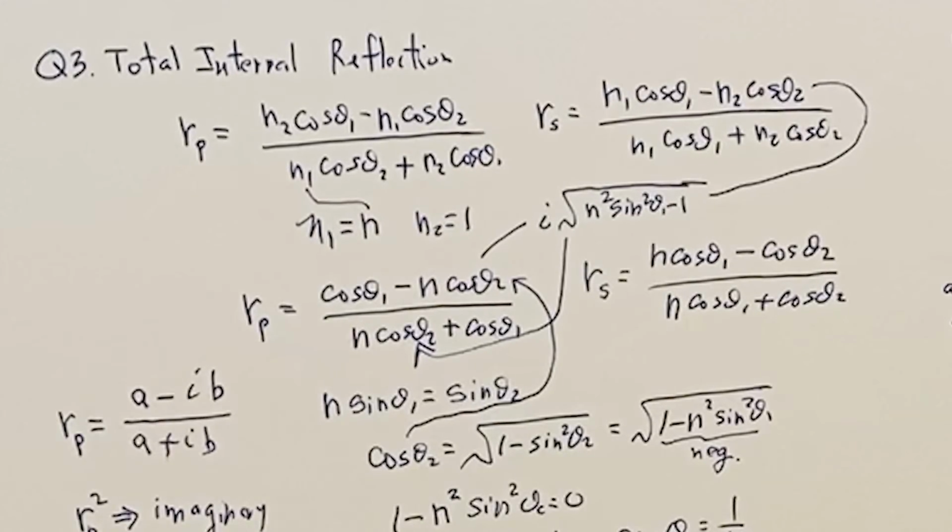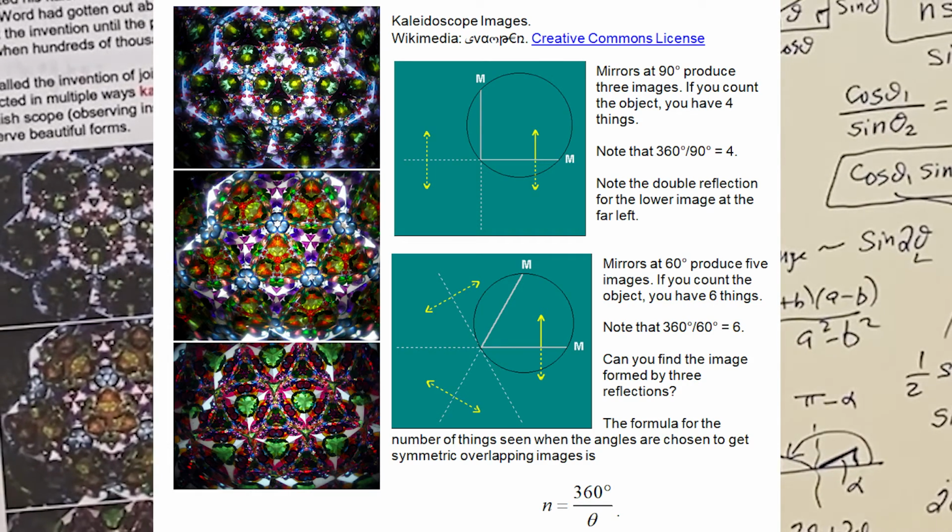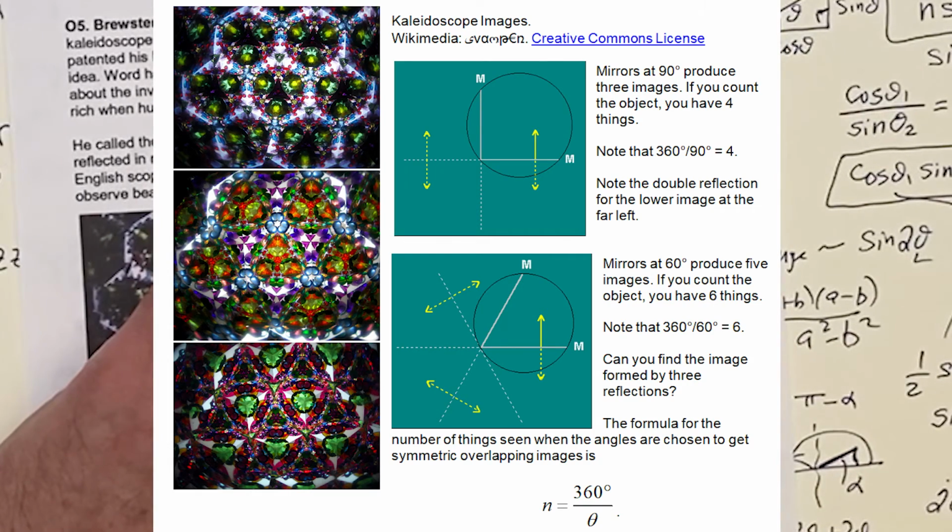Now Brewster invents a kaleidoscope, but basically a kaleidoscope had already been invented before, the idea. But he invents one, a really marvelous one, the Brewster kaleidoscope. And a beautiful idea here: he has two mirrors, and you put some materials there, and you get multiple reflections.